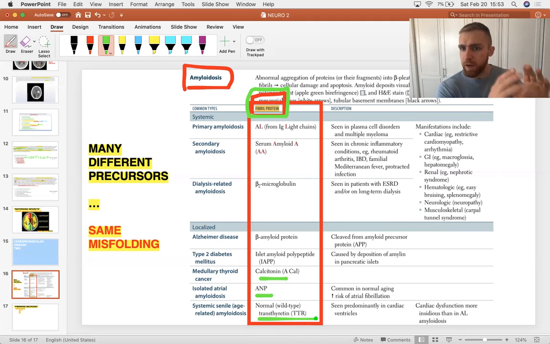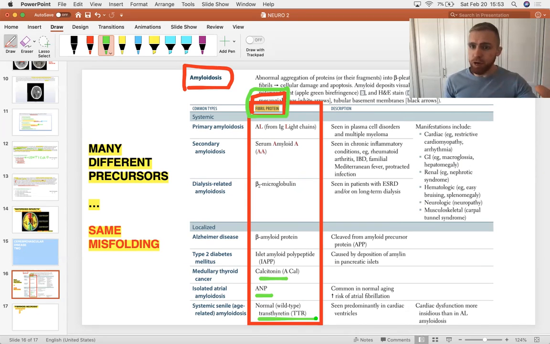So lots of different proteins can misfold to give you amyloidosis. The reason I said it's kind of a verb is that even though there are all these different nouns, all these different proteins involved in amyloid, they all undergo the same verb, which is misfolding. No matter what you're talking about, the common theme is proteins misfolding to give you amyloid. Amyloid is just a name for misfolded protein.